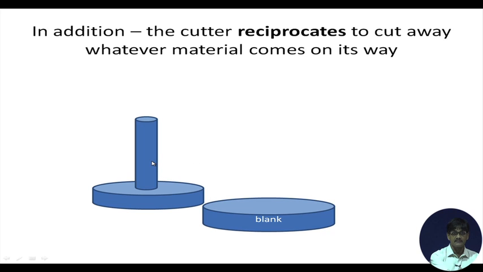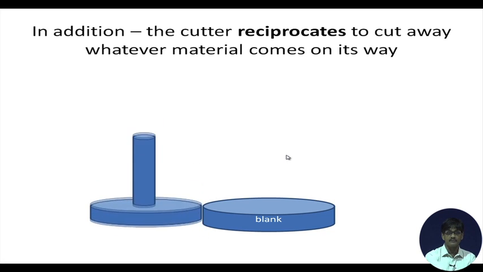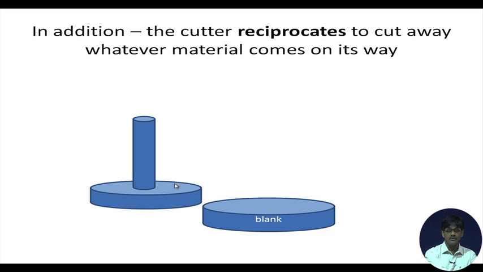Okay, this is the cutter, this is the blank and the cutter is also moving this way together with rotation of the cutter, rotation of the blank as we have seen before and movement of the blank towards the cutter. Okay. So, this reciprocation removes all the material the cutter meets on its way.